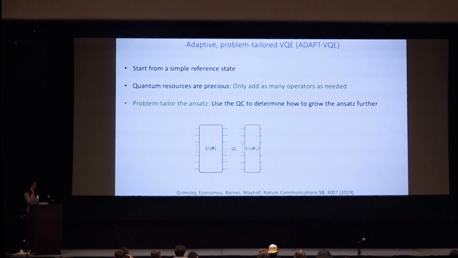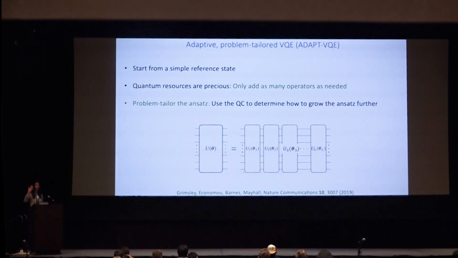So at every step of the algorithm, we're adding an operator. That operator carries a variational parameter along with it. And we determine what operator to add next based on measurements of the objective function, or some function of the objective function, on the quantum computer. So schematically, you can think of running the algorithm and then repeating this and adding operators as you go along.